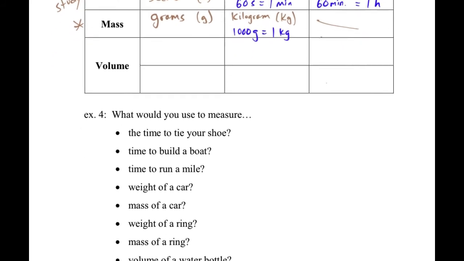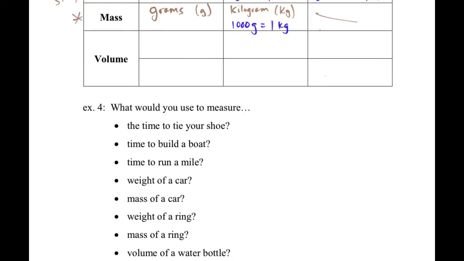And then volume. I'm going to throw 2 in here for volume, kind of the metric and then the English. So in metric, we'd say milliliter, so lowercase m, capital L. Then medium, we have a liter. You can think of how big is like a 2-liter bottle, or a lot of your water bottles are about a liter.